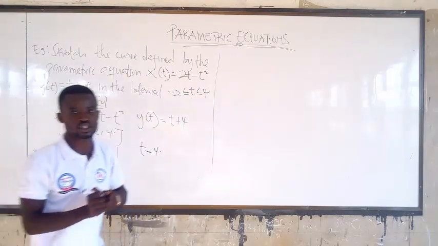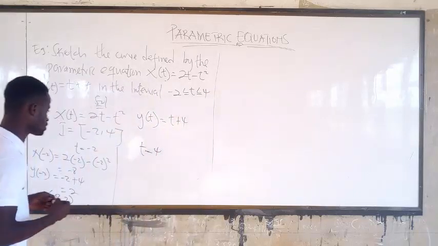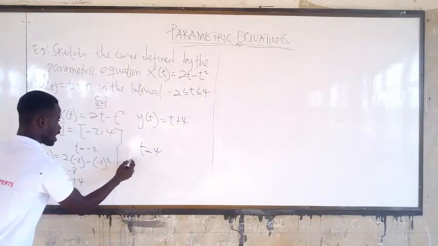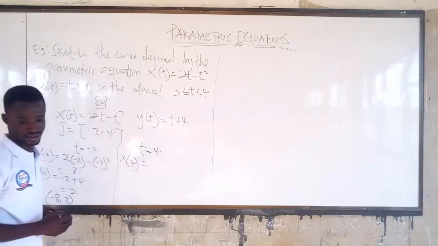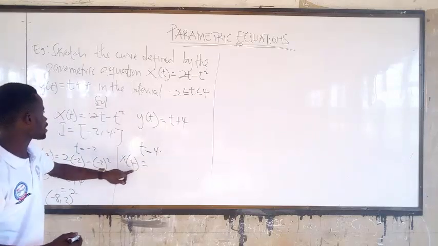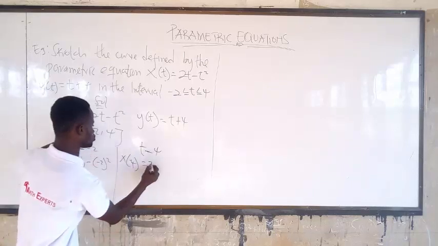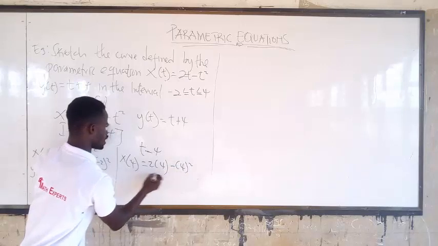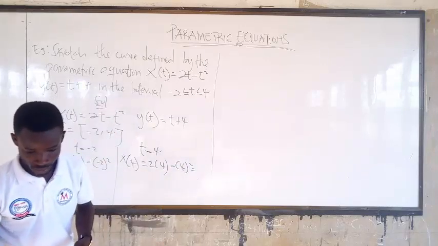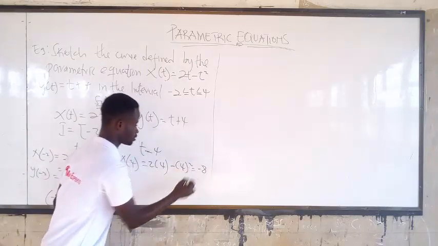I want to explain to you the idea I gave you before we come back to something. So at t equals 4, we can also get something there, right? When you do that substitution here, 2 times 4 minus 4 squared will give you negative 8.